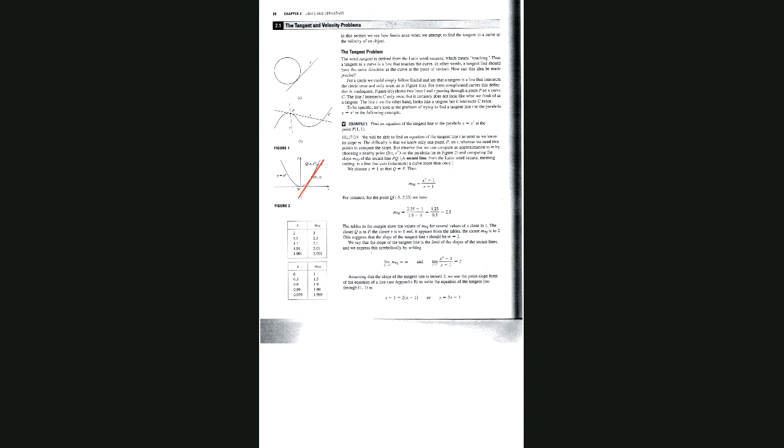So what they say is, let's try this. Let's pick 2 points on the curve: this point here, 1, 1, and this other point right here.